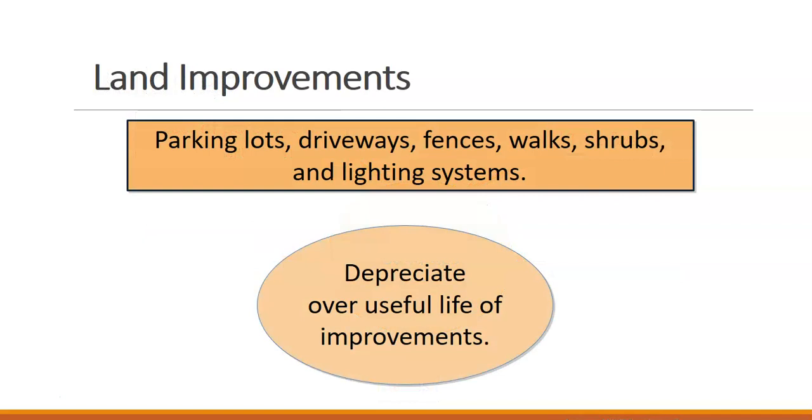Other property, plant, and equipment we have are land improvements. These land improvements include if we buy land and then install parking lots, driveways, fences, landscaping, any lighting systems, sprinkler systems, etc. The land improvements we will depreciate over their useful life.